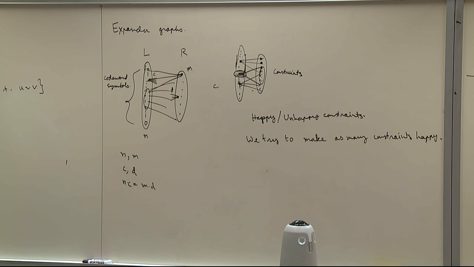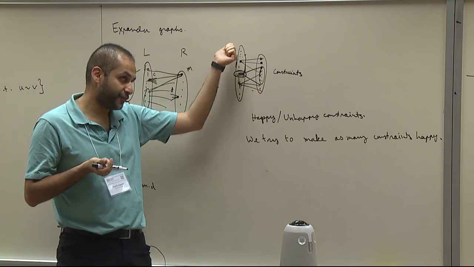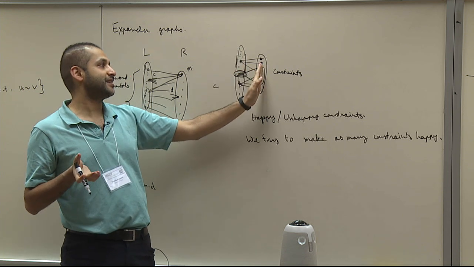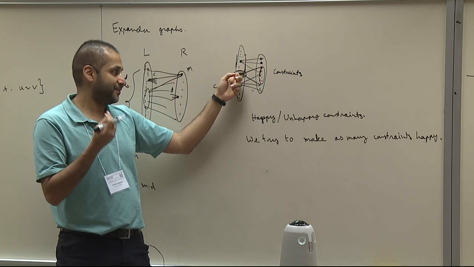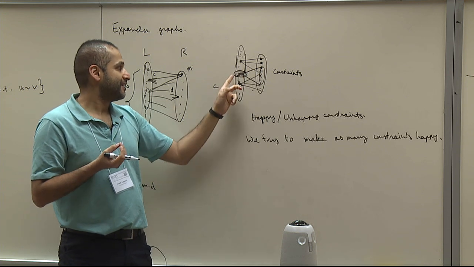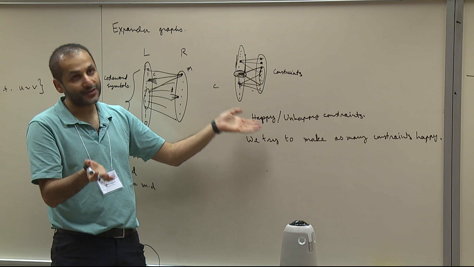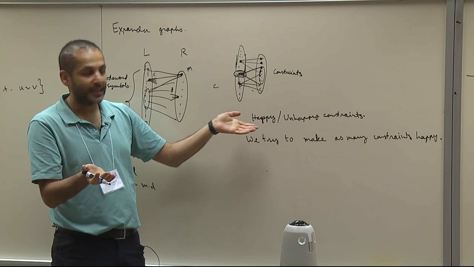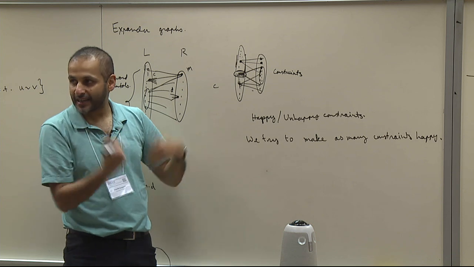So the constraints are, we are trying to fix the bits on the left in order to make all the constraints happy. We're going to sort of blindly go to vertices which have the most number of unhappy neighbors, and if not just most, there should be more unhappy neighbors than happy neighbors.